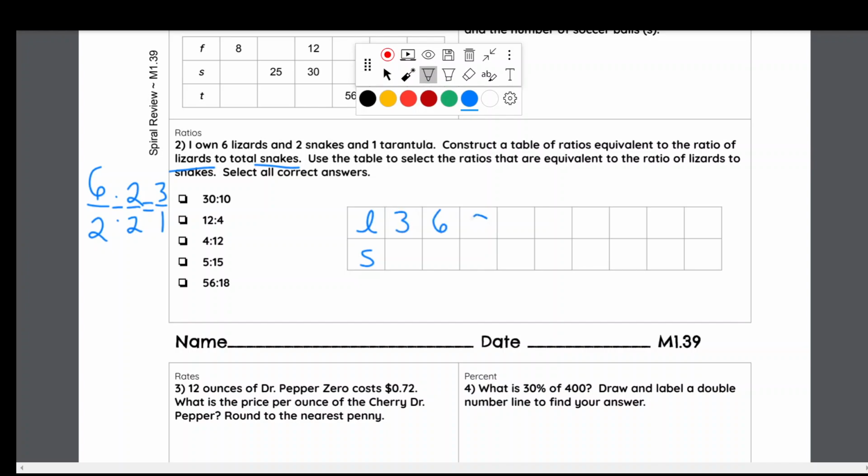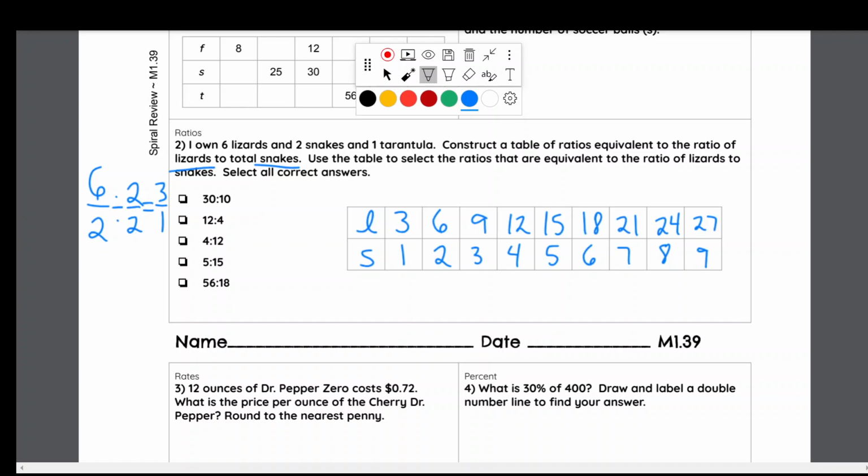3, 6, 9, 12, 15, 18, 21, 24, 27, and I can count by ones in the row for snakes. 1, 2, 3, 4, 5, 6, 7, 8, 9. I can now use my table to help me figure out which of these ratios is equivalent.